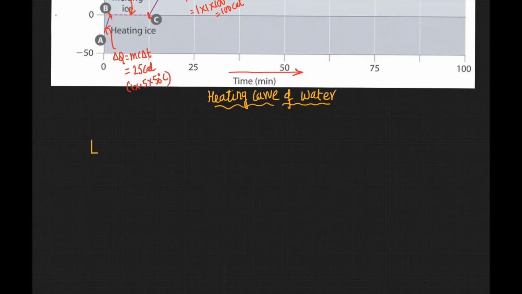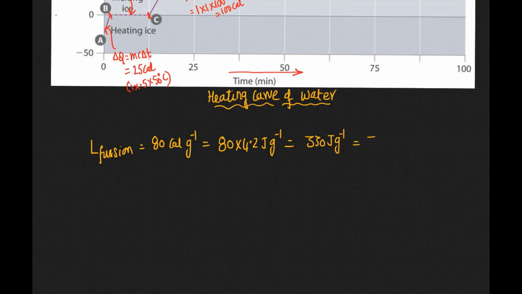The specific latent heat of fusion is 80 calorie per gram. This is also equal to 80 into 4.2 joules per gram, and that is 330 joules per gram. It can also be written as 330 kilojoules per kilogram, or 330 into 10 power 3 joules per kilogram.